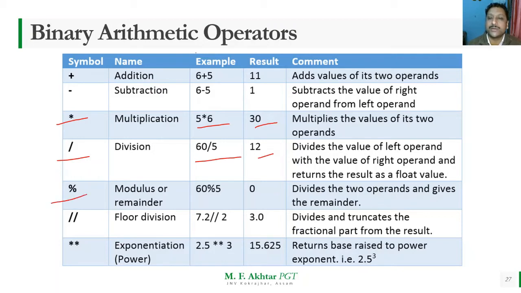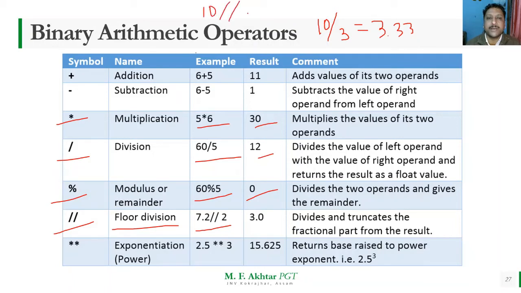The percent symbol is used in arithmetic operations for obtaining a remainder, the modulus. Double forward slash is used for floor division. Floor division means it won't give you decimal places. If you divide 10 by 3, it will display 3.33, but if you give 10 double slash 3, it will give you only 3.